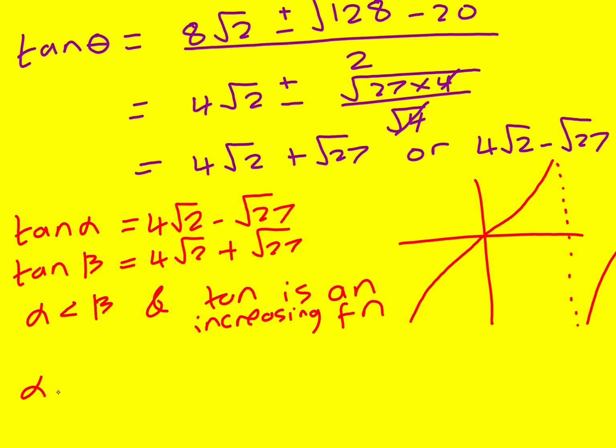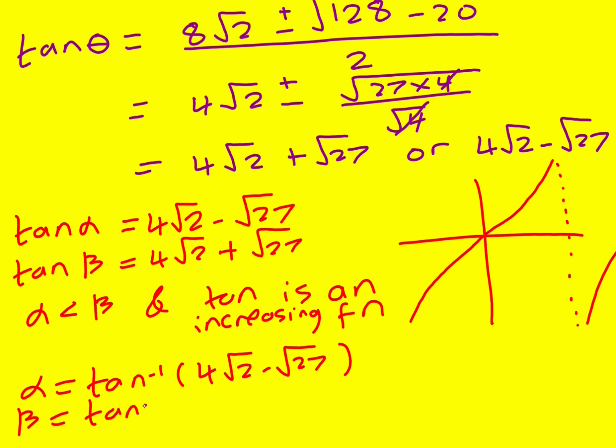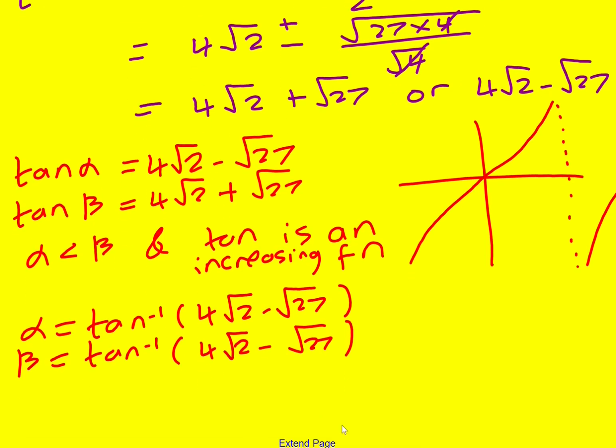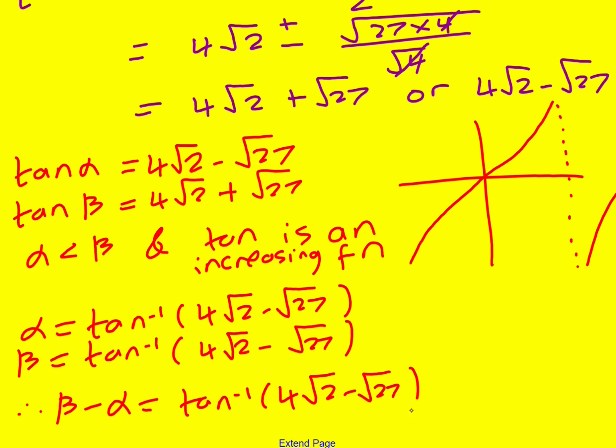So alpha is going to be inverse tan of 4 root 2 minus root 27, and beta similar, sorry, that should have been a plus.